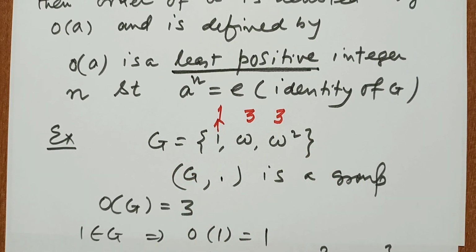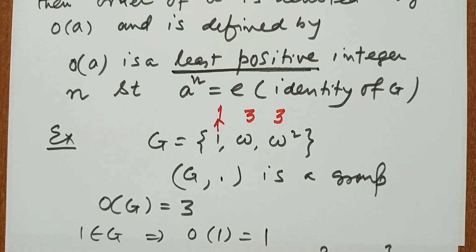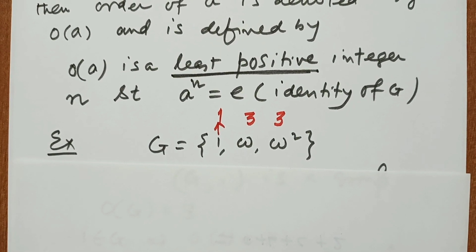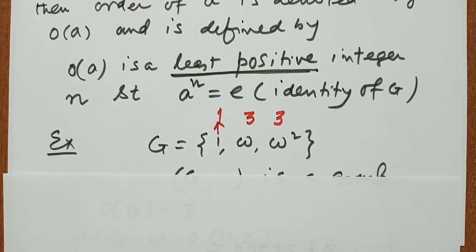Now remember, in the case of a group, look at the identity element. Here the identity element is 1. The order of the identity element is always 1 in every question, so remember that the order of the identity element is 1.